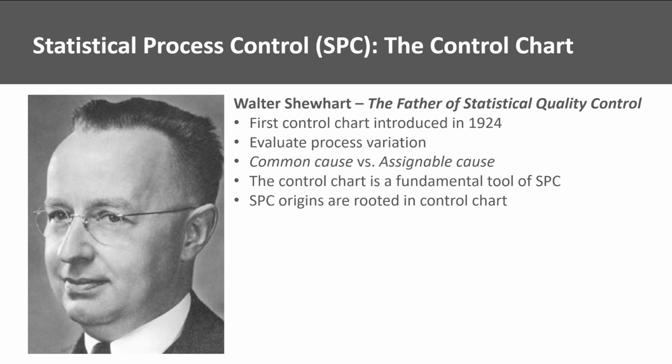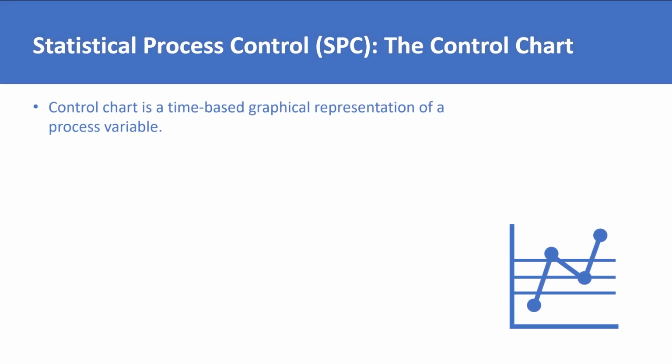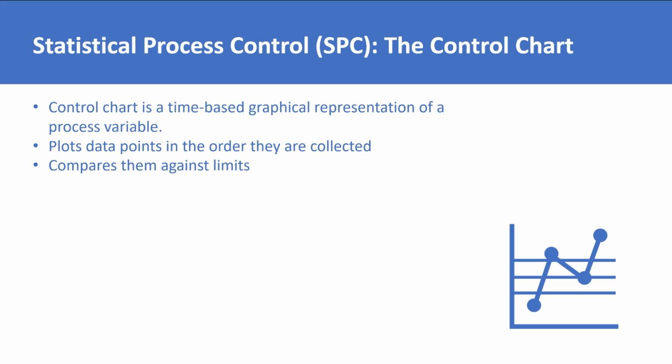At its core, a control chart is a time-based graphical representation of a process variable. It plots data points in the order they are collected and compares them against statistically derived limits. These limits help us distinguish between normal process behavior and abnormal conditions that require attention.